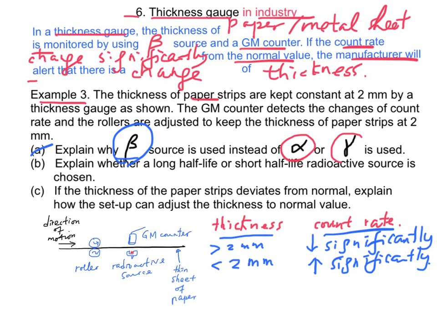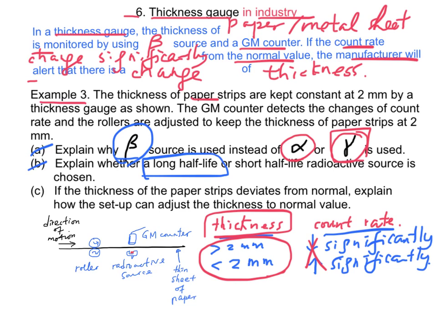Also, gamma rays cannot be used because the penetration power of gamma rays is too high, so that even though the thickness of the paper changes slightly from 2 mm, the count rate will not change a bit when using gamma rays.